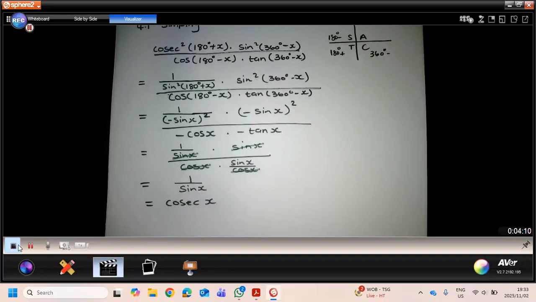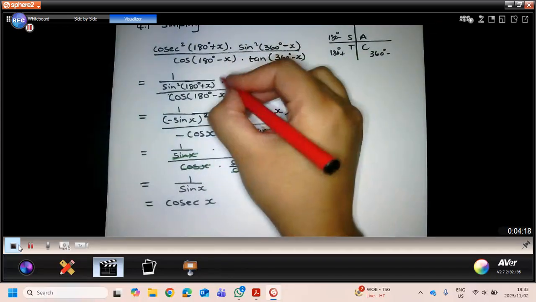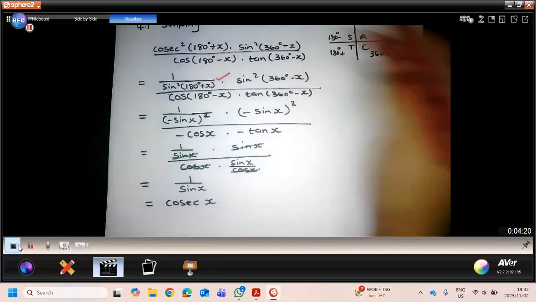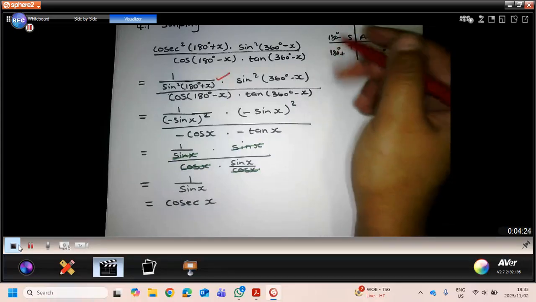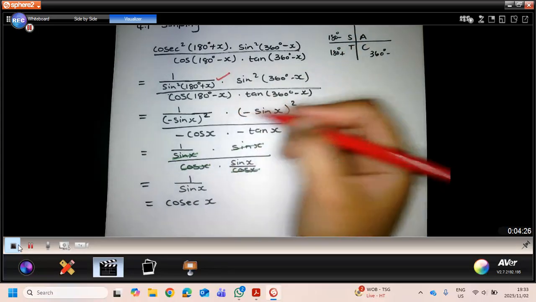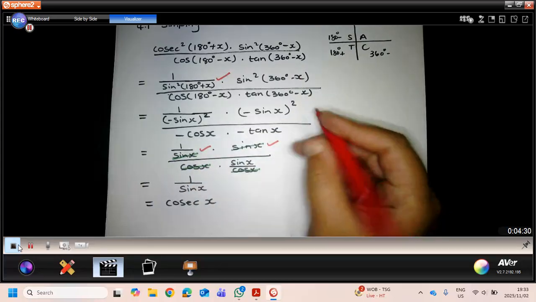Alright, so I'll just show you quickly where you're going to get your marks here. So firstly you're going to get a mark for writing cosec as its inverse, which is 1 over sine. Then we'll get the mark for all the reductions that we've done. So there is the first reduction, the second one.